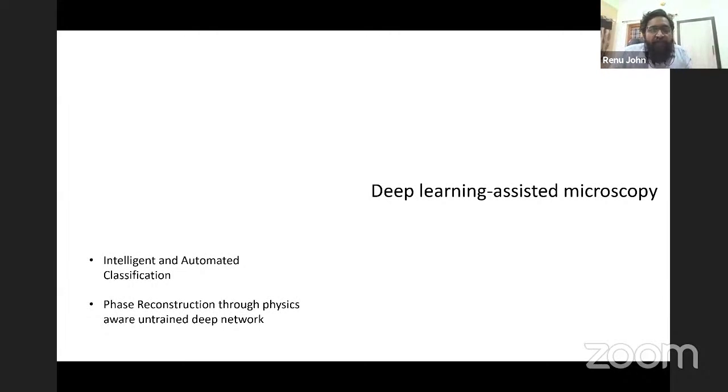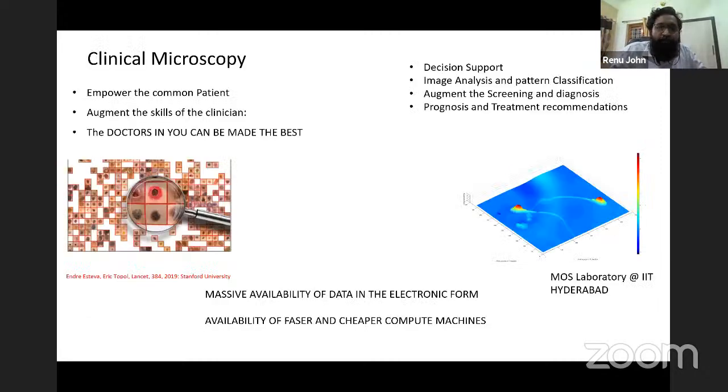So we thought if we could intelligently code some of these features into a network, like a convolutional neural network, where some of the layers take care of the phase reconstruction. Can we record intensities and retrieve the phase without having to record a hologram or go for complicated algorithms? These are the two problems we concentrated on using machine learning and deep learning algorithms.